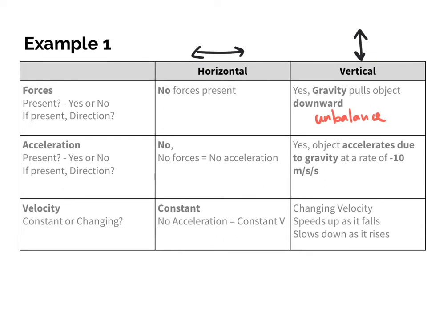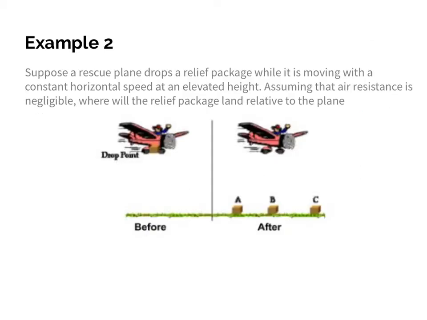And therefore, if it's accelerating, that means the velocity is changing. So going back to free fall, we know that as it falls, it's going to speed up, and as it rises up in the air, it's going to slow down. So in each individual direction, horizontal or vertical, we have two different things going on, which is why it's important to understand two-dimensional motion. We're going to separate things into those individual directions and analyze them separately.